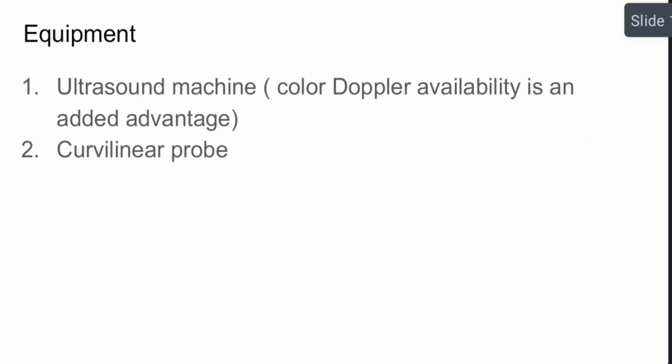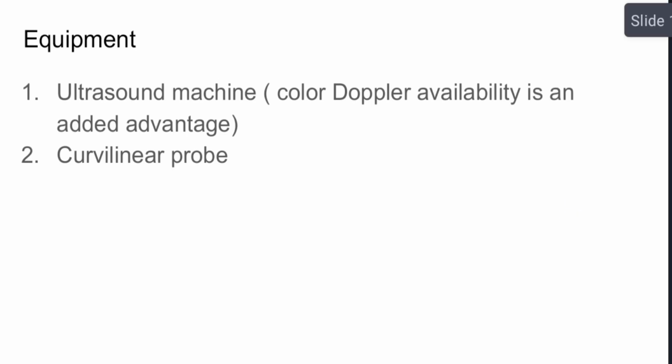So let's talk about the equipment required to measure the amniotic fluid volume sonographically. To do this, we need an ultrasound machine, a good ultrasound machine, preferably with the ability to do color Doppler imaging. Color Doppler imaging capability is not a must, but is preferred.